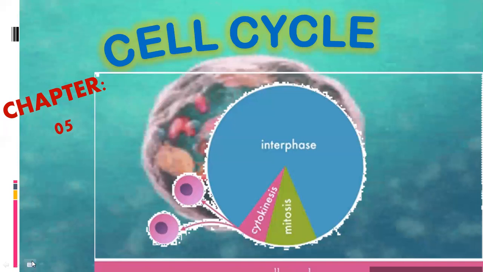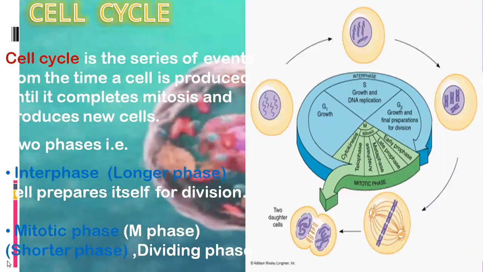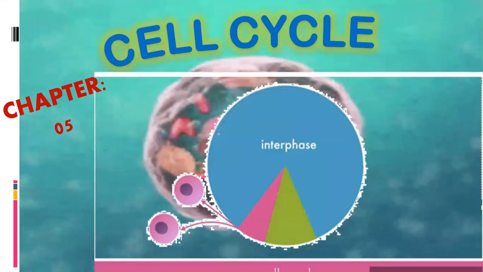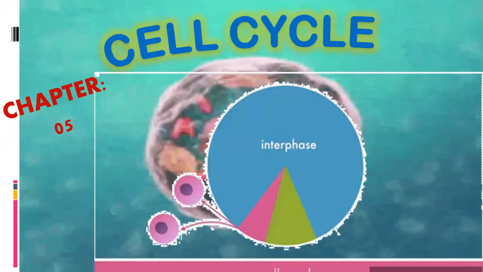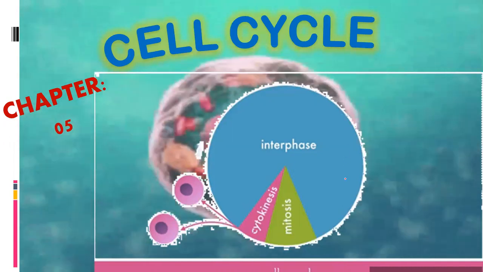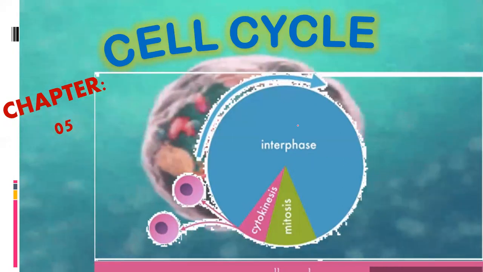Okay, so we are going to see here, at the background, this is a eukaryotic cell, and you can see different organelles in that, and here you are looking at the cell cycle. So you may be confused about what the cell cycle actually is.